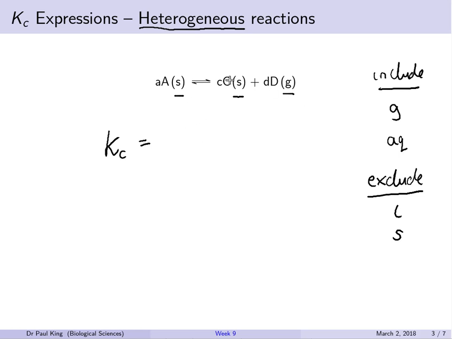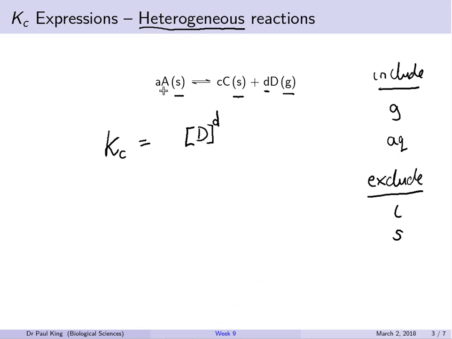So in this case, we look at our products. We write down concentration terms for everything that's not a liquid or a solid. And in this case, the only non-liquid or solid that we have happens to be this species D here, which we're going to raise to the power to which it occurs in the chemical equation here.